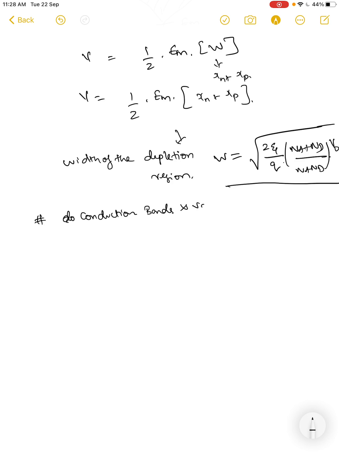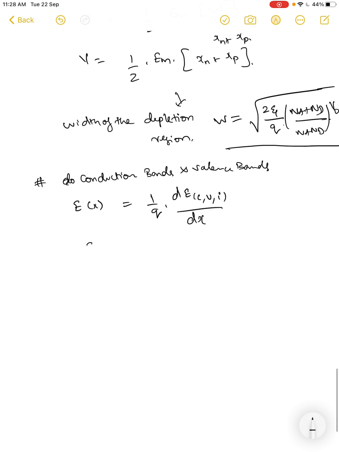Bands and valence. The relationship between the conduction and valence bands is basically that the electric field E at any point x is equal to 1 by q dE. This can be conduction, valence, intrinsic, any of these, because all of them will vary the same way. This is always true.